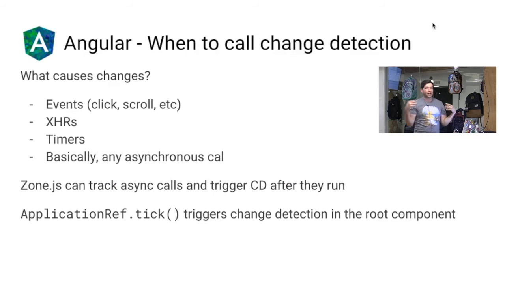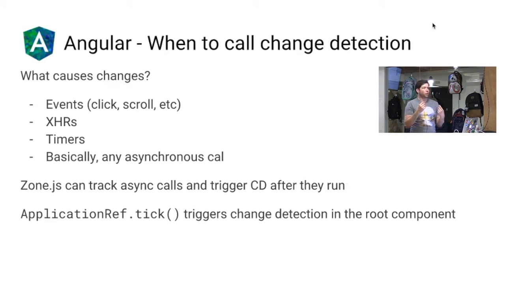Well, what are the things that can actually cause the need to render a change in our application? Events, like scrolling or click events, XHR calls, so doing network traffic and getting the results of a network call. When timers fire, you might have a timer set for a second and you need to do some update. So basically, any asynchronous call that you might do means you need to trigger change detection.